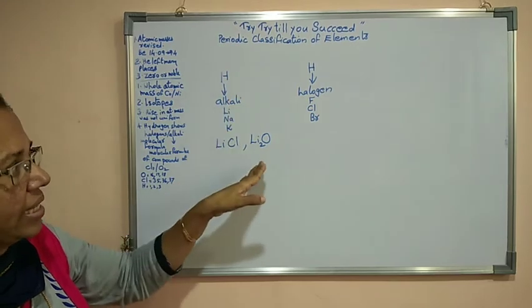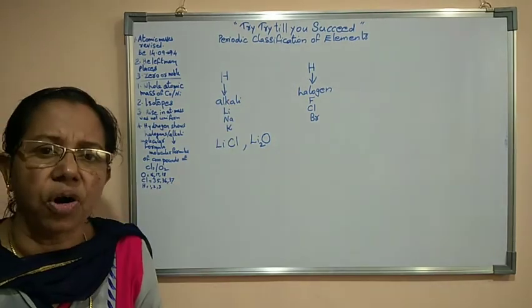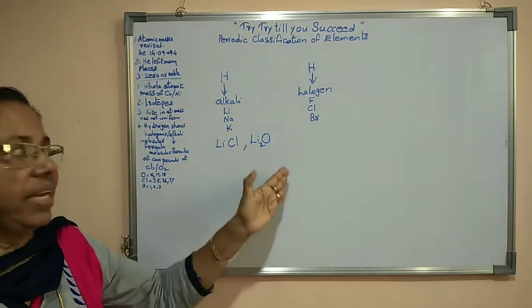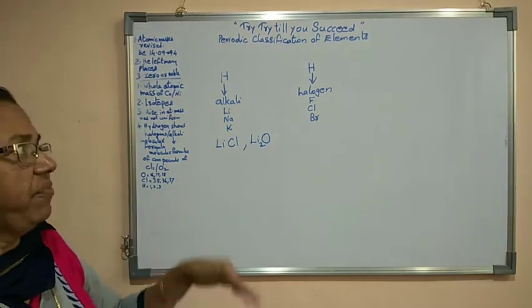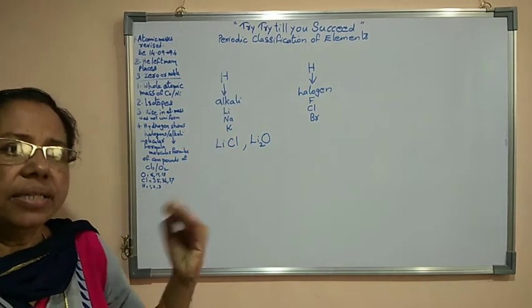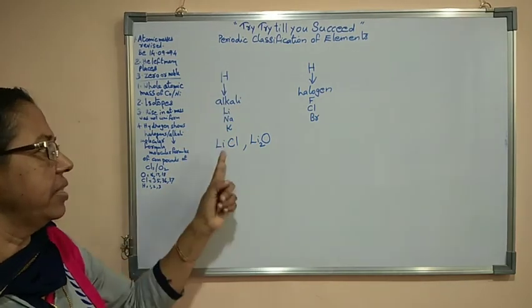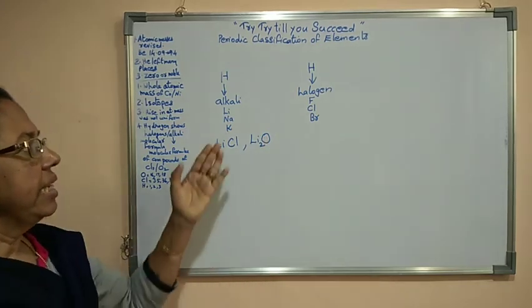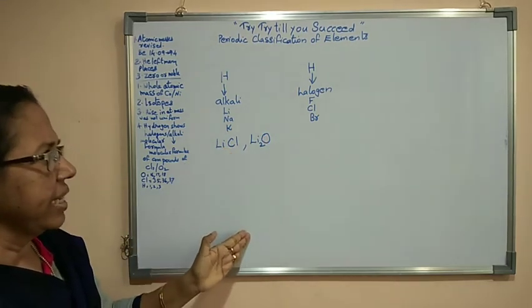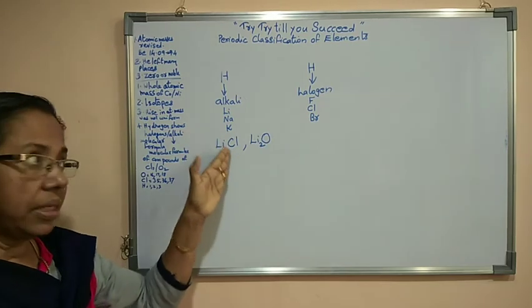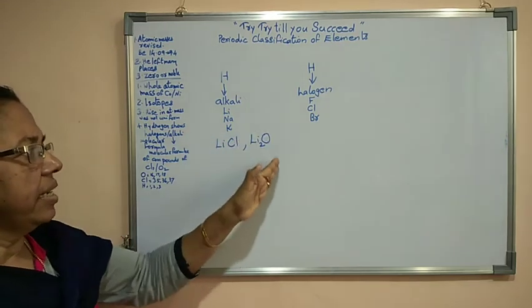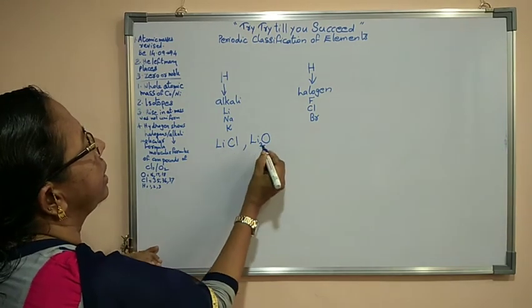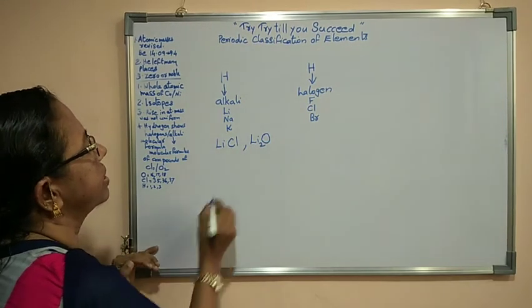Alkali metals form their molecular formulae with chlorine as well as with oxygen. In the same way, hydrogen also has the capacity to react with chlorine, and with oxygen too. The first example I wrote is lithium chloride as well as lithium oxide.